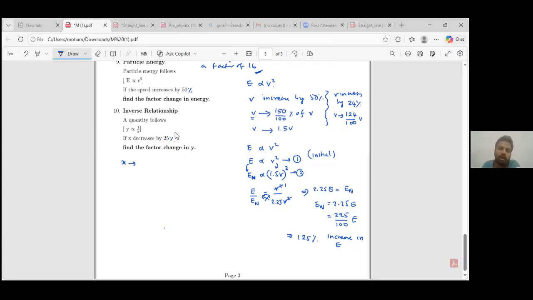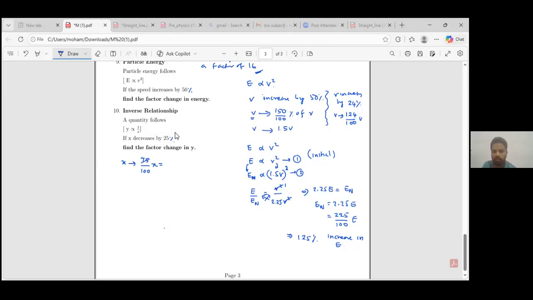When you increase, you just have to add to 100. So 50% increase means it's 150 over 100. If you decrease, it should be subtracted from 100. So 75 out of 100. That means you subtract 25 from 100. So 75 over 100 of x is what you have. So 25% decrease means 75 over 100 x.